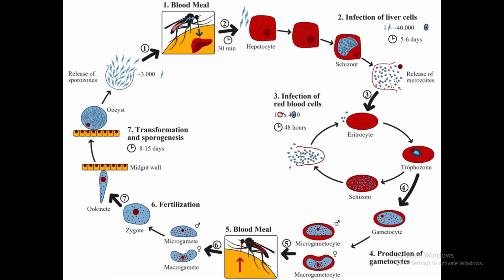You can see this in the image, the conversion from ookinete to oocyst, and then it gets converted into sporozoites. It is the end of the sexual stage, and after it the cycle starts over again.